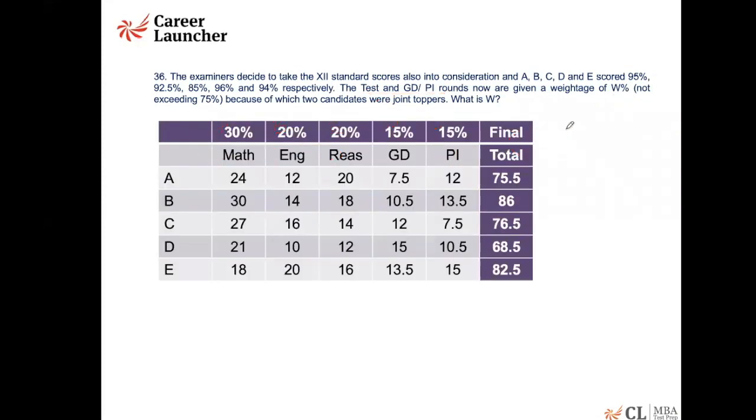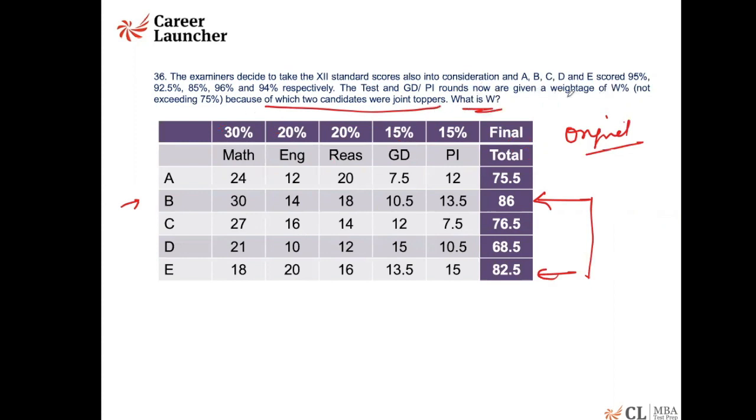Now, I want you to look at the original thing that we had. By looking at it, and since the percentages are so low, here is where I would take a chance that B and E could be the joint toppers. Remember, there were two joint toppers. So what is W?